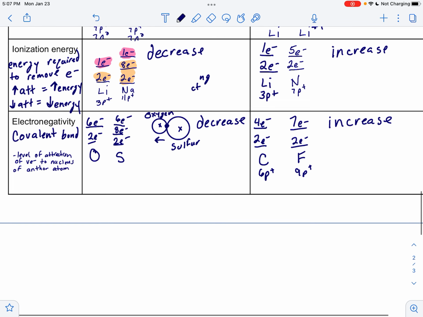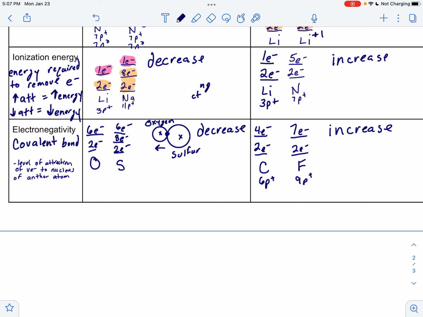Our ionization energy. Ionization energy is the energy required to remove an electron. If you understand what an ion is, this makes it pretty simple. If we have a higher attraction, it's going to require more energy to remove the electron from the atom. So our ionization energy is going to decrease as we go down a group.